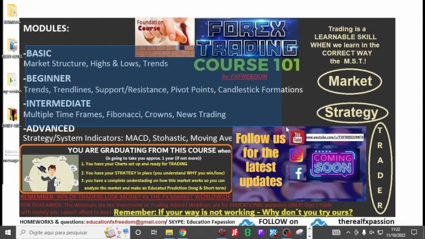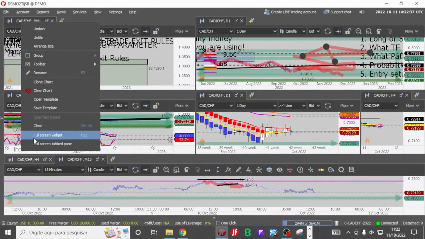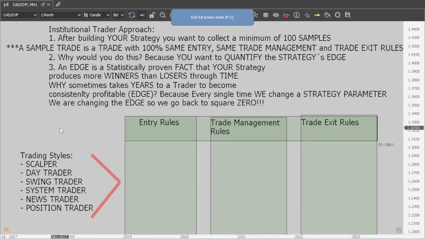If you have acquired the basic module, market structure, highs and lows, trends, the beginner module, trend line, support, resistance, pivot points, candlestick formations, intermediate module, multiple time frames, Fibonacci, and later crowns and news trading, you cannot make consistent money until you follow those rules. This is the only correct approach. Make sense?